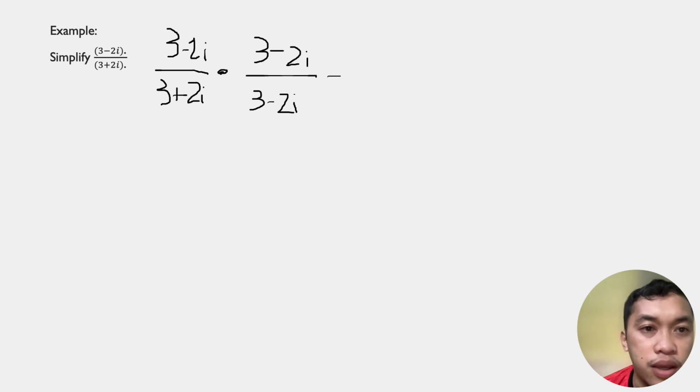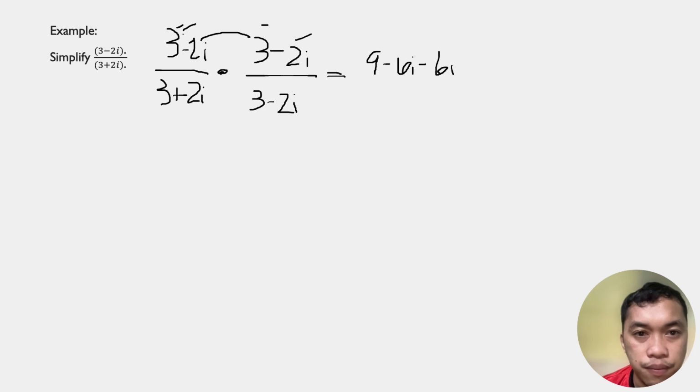Let's perform the operation, starting with the numerator. Distribute once again. 3 times 3 is 9. 3 times negative 2i is negative 6i. Next, negative 2i times 3 is negative 6i. And lastly, negative 2i times negative 2i is positive 4i squared.